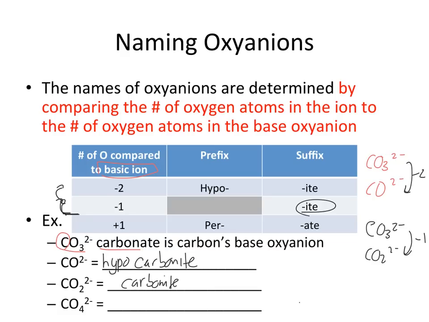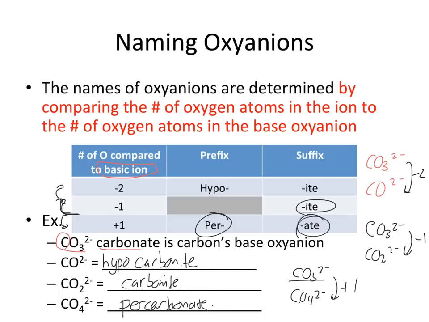Now, if we go from CO3 2 minus to CO4 2 minus, what we see is that we have gained an oxygen compared to our base ion. So if we're gaining, we're going in this direction, and it's already ate, but we add a prefix per to show that it has an extra oxygen. So it's going to be percarbonate. So again, these prefixes and suffixes show plus or minus oxygens compared to the base ion.